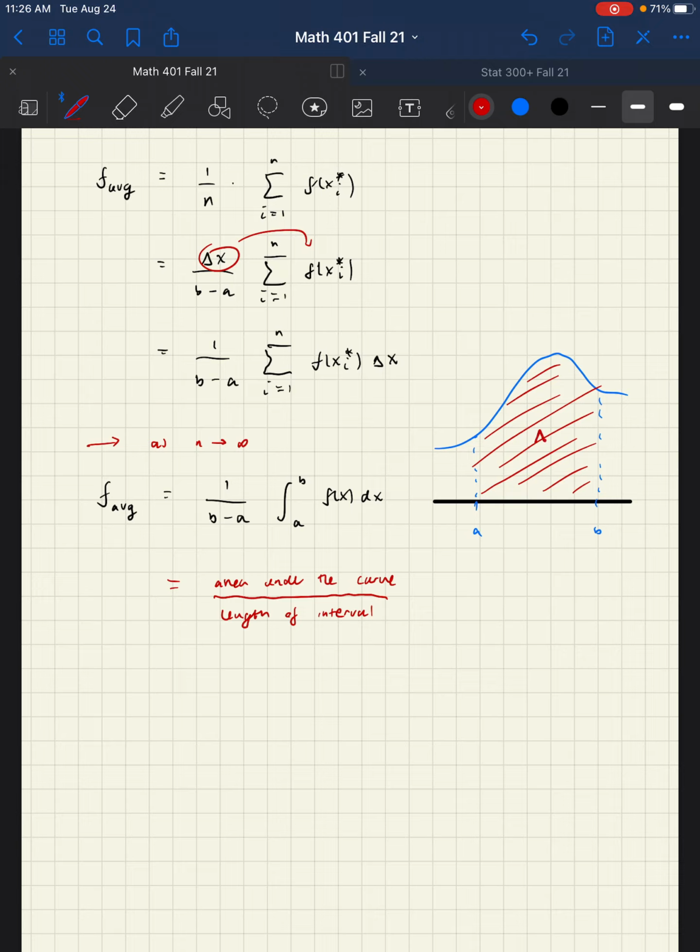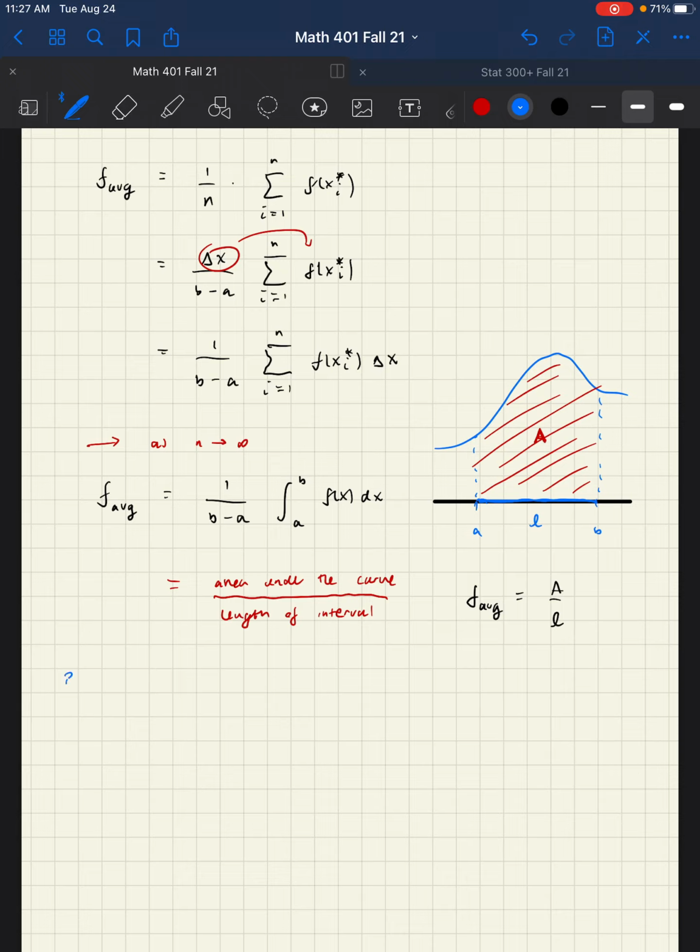The average value is, you take this area, you can call it A, and divide that by the length L. And that gives you the average value. Weird, huh?